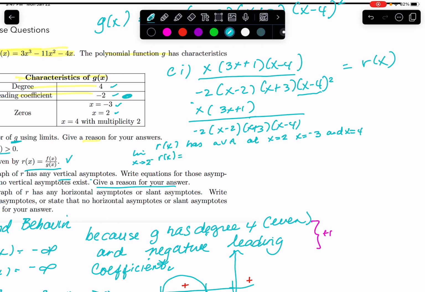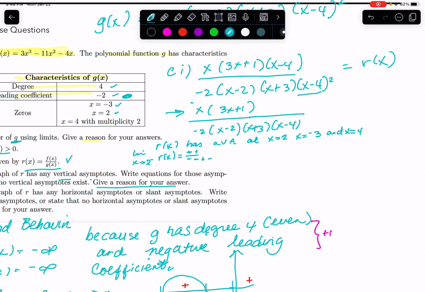If we're putting a 1.9 in, you end up with positive, positive over negative, so that would be negative infinity for 2.